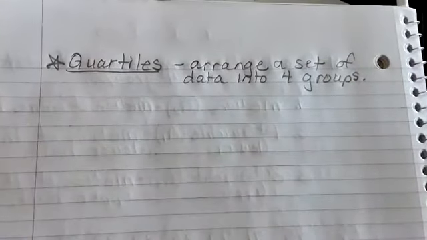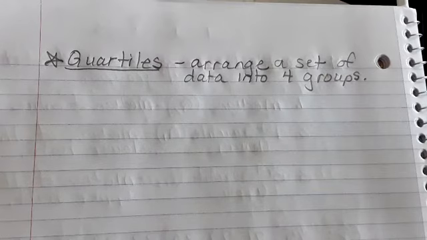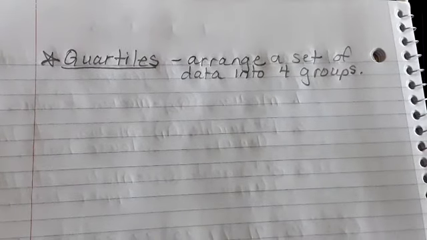Okay, arranging it into a set of 4 groups. And you need to know where to make your split. Medians are what you are looking for. These are values that you will need when we later talk about creating a box and whisker plot.